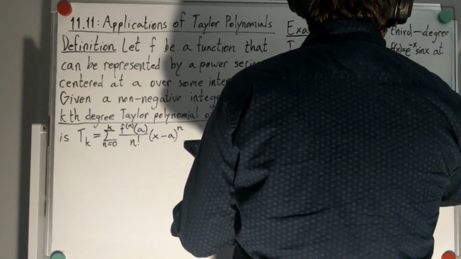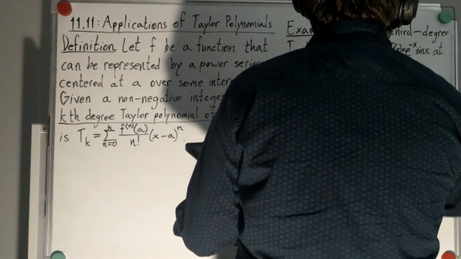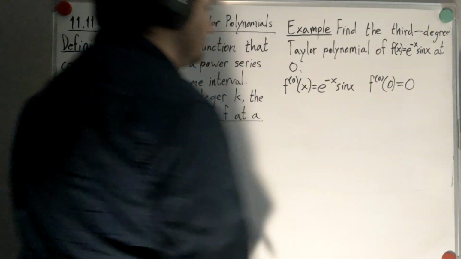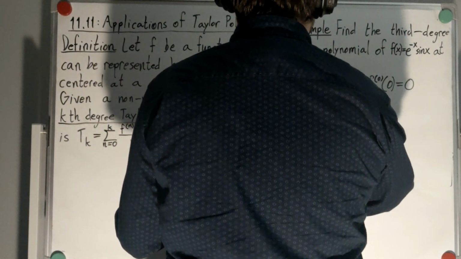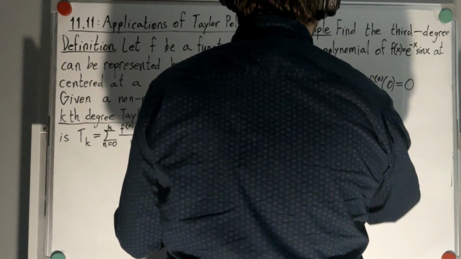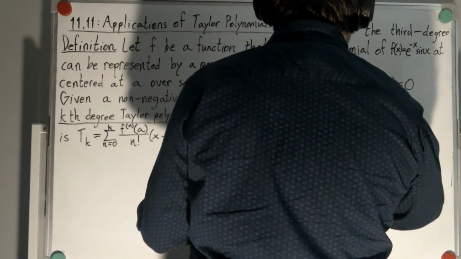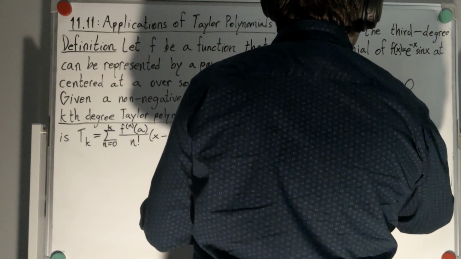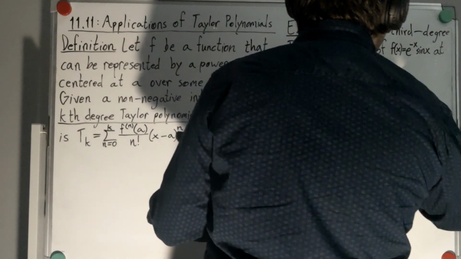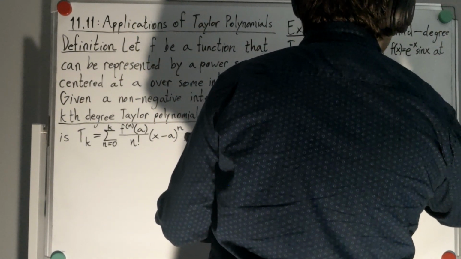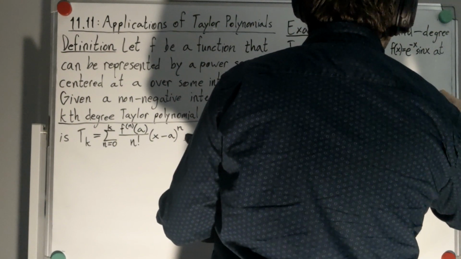You evaluate this at 0, and what you get is 0. First derivative, that's the product rule, but when you eventually do it, it works out to be e to the negative x times cosine x minus sine x. You evaluate this at 0. What you get is 1.